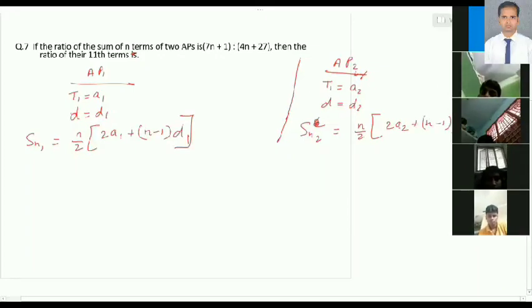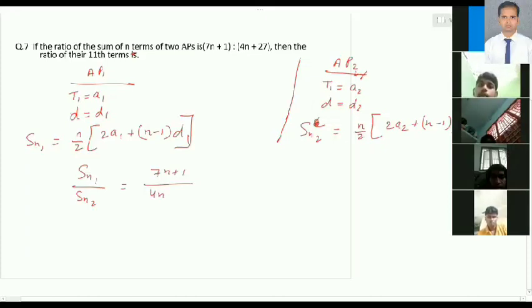Now they are saying that the ratio of these two, SN1 divided by SN2, equals 7n plus 1 divided by 4n plus 27. Now substitute the values.